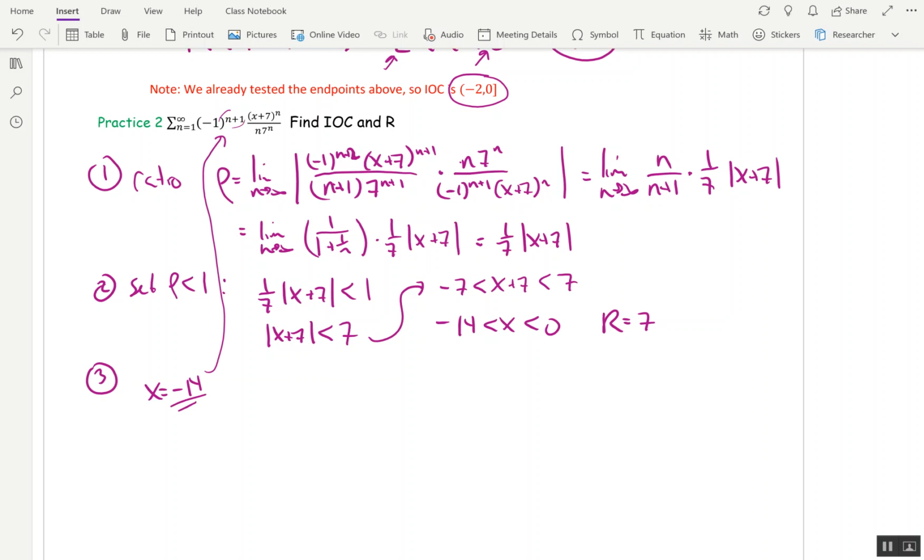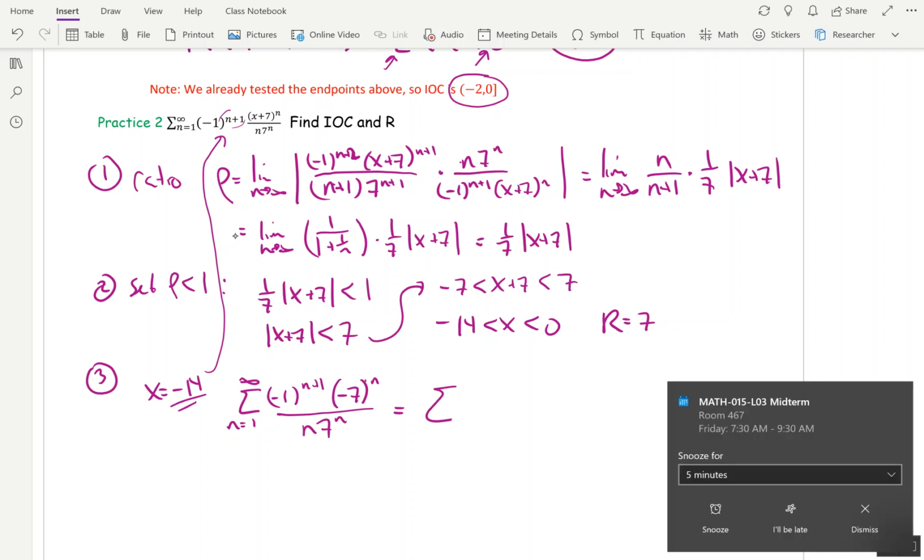into the original power series to get the sum from n equals 1 to infinity of (-1)^(n+1). Negative 14 plus 7 is negative 7. So (-7)^n, and that'll be over n 7^n. Again, I'd like to cancel those 7^n's, but I can't until I separate out the numerator as (-1)^n times 7^n.